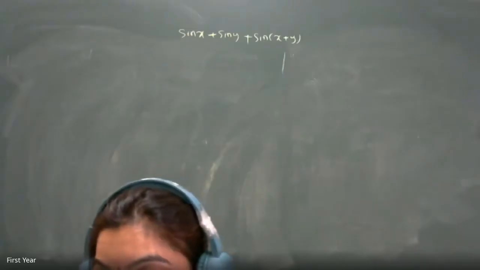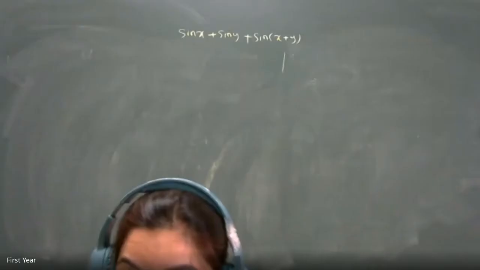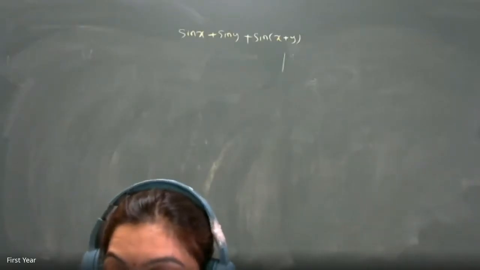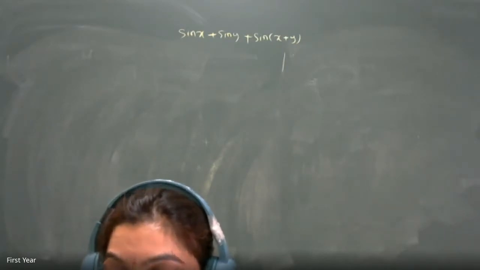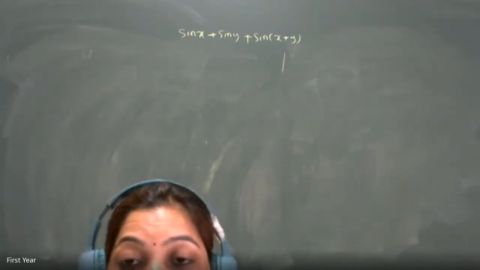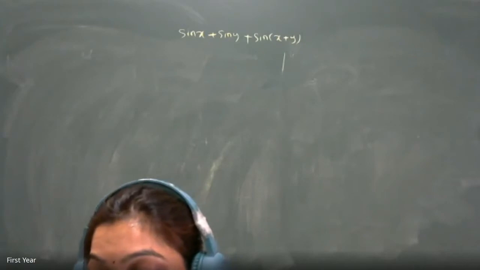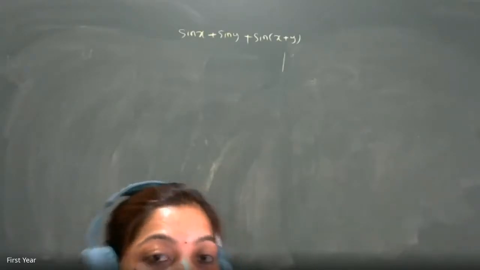Should it be 3 root 3 by 2? Yes. See, what's the value of root 3 by 2 plus root 3 by 2 plus root 3 by 2? Correct. Because your function is sin x plus sin y plus sin of x plus y. So x is pi by 3. So sin pi by 3 plus sin pi by 3 plus sin 2 pi by 3. What is sin 2 pi by 3? Root 3 by 2. So 3 times root 3 by 2 is your final answer.